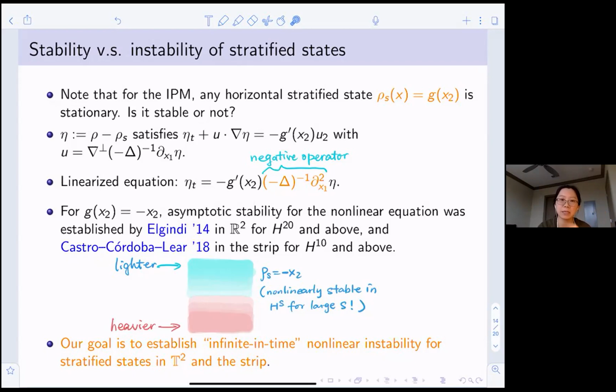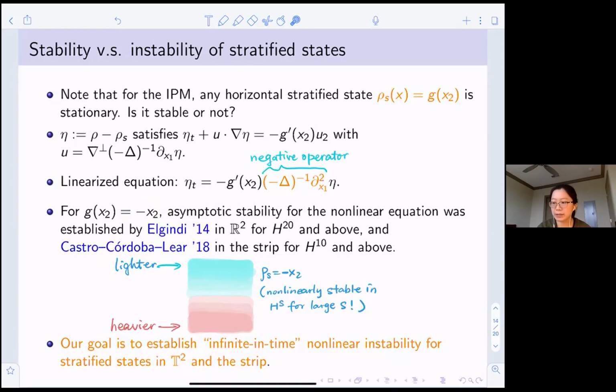So this has been rigorously proved for the nonlinear equation in the case where G is equal to minus x2, so that the density is linearly increasing as we go down. And I would say that maybe this exact minus x2 can be replaced by other monotone functions.